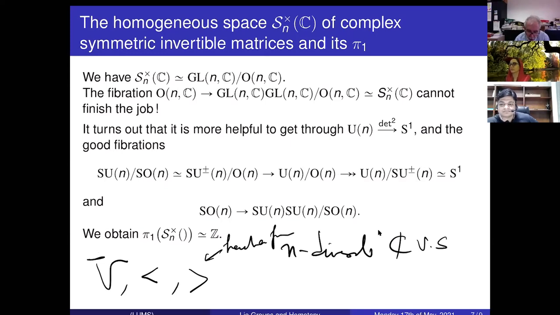So here you are working with GLNC essentially, and you have the application, what we call the adjoint of the matrix. The fundamental basic fact is the following.